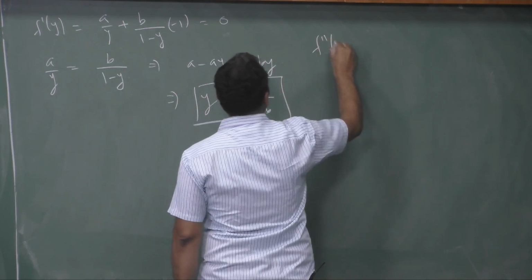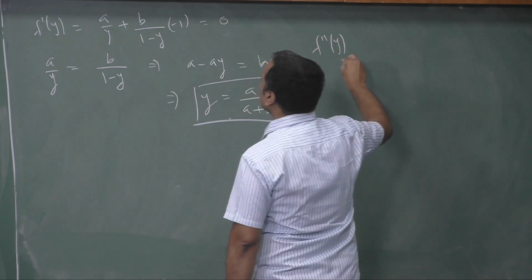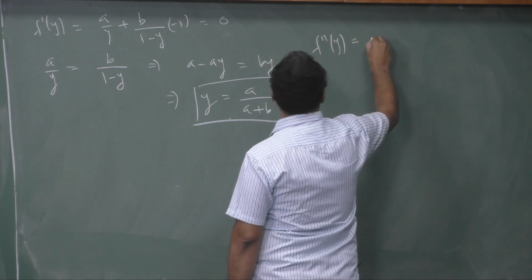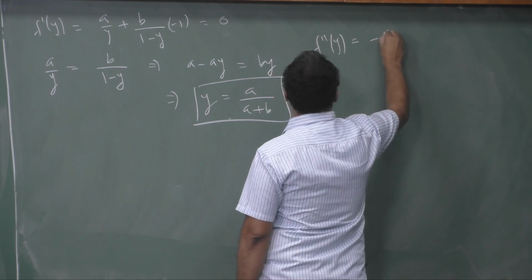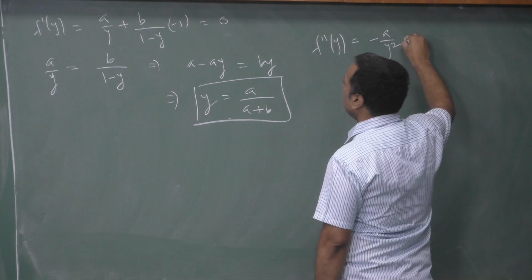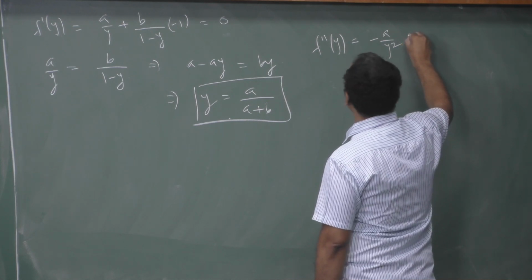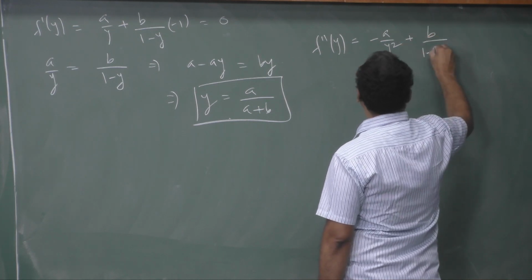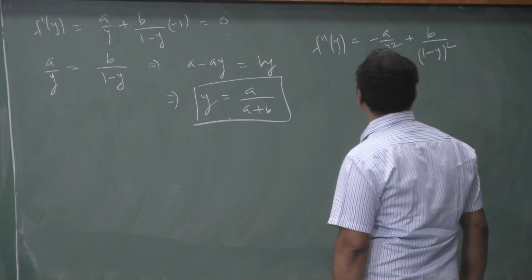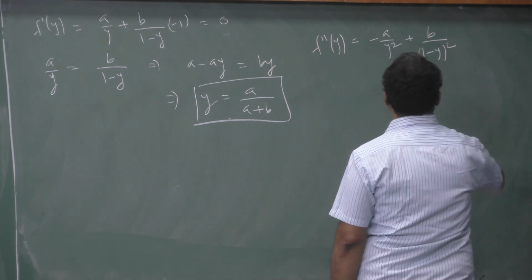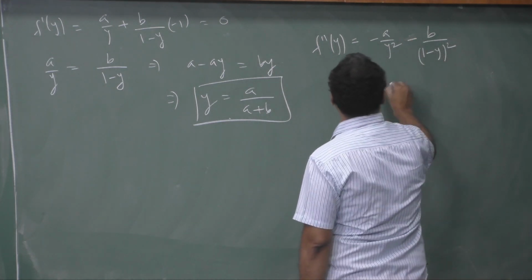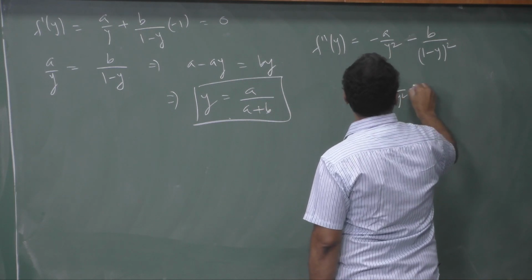F double prime of y is minus a by y squared, and there is already a minus here, so this becomes minus a by y squared minus b by 1 minus y squared. There is one more minus here. And this is less than or equal to 0.